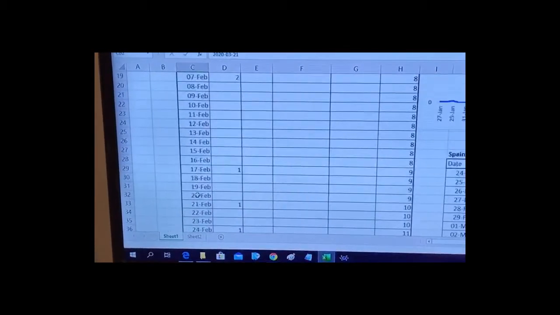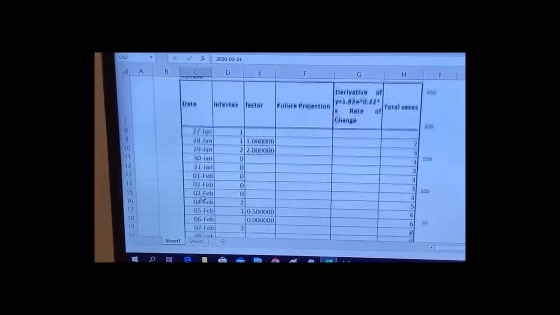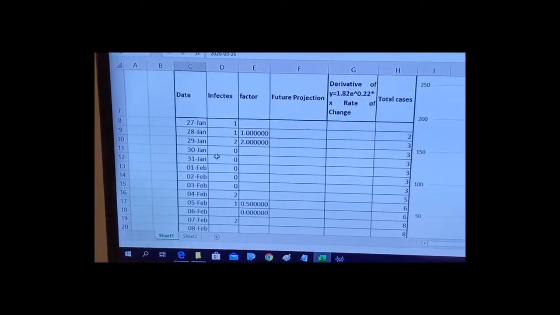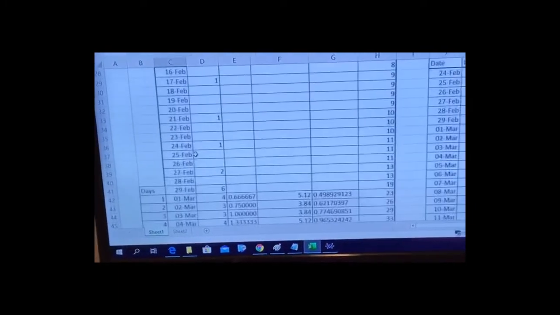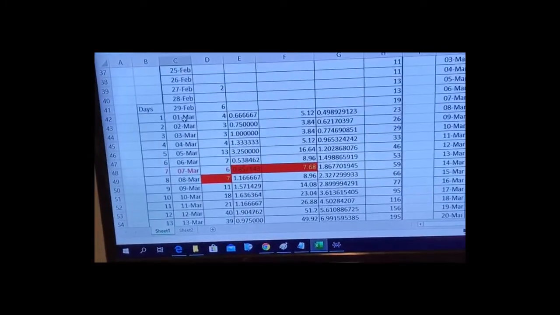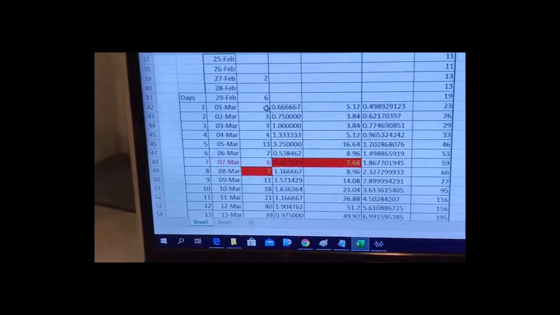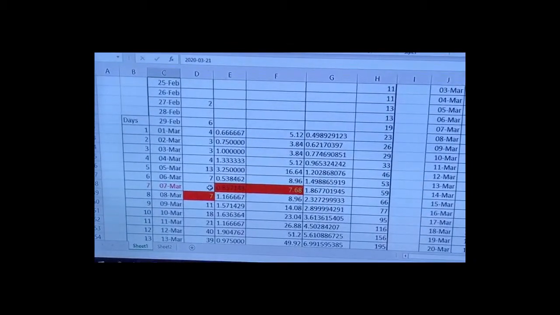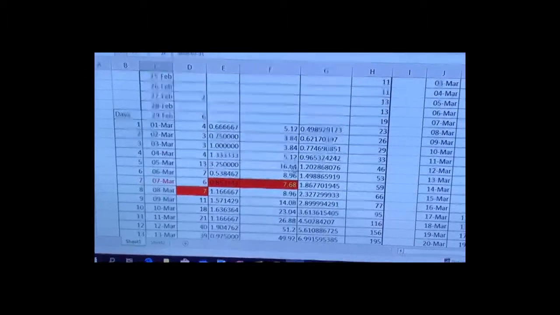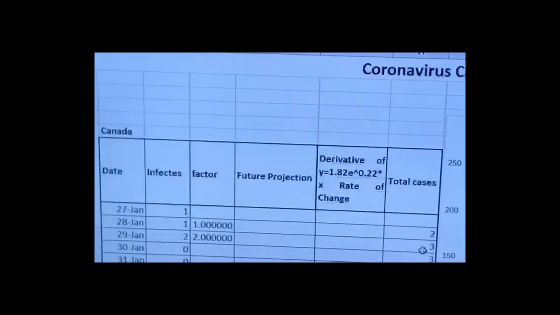We have a gap here because my guess is the first infected people came from outside, but I think on March 1st we start to get local infection here, and you see it's going to increase more and more and more.